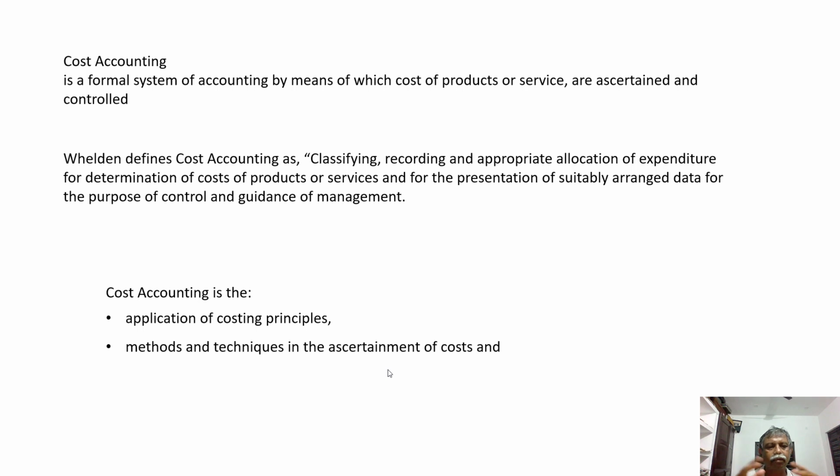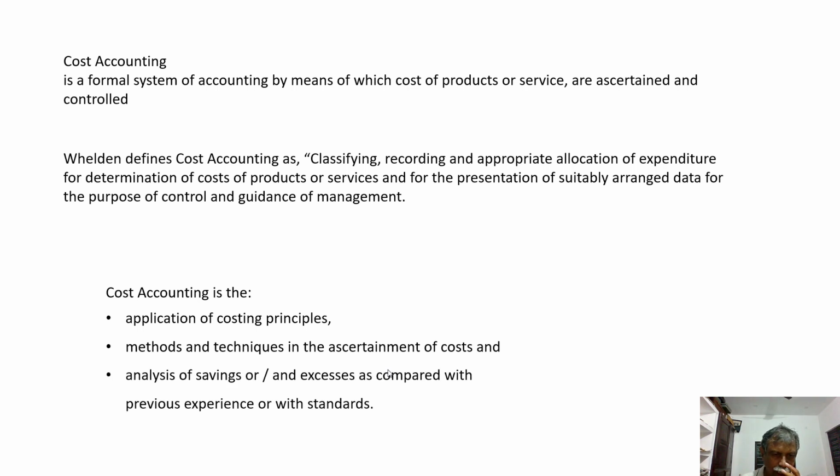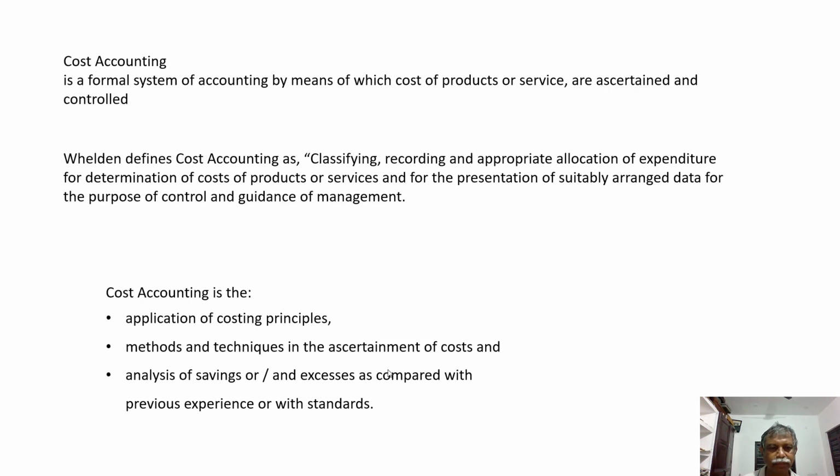Clear? So there are methods and techniques for ascertaining cost. That also comes in cost accounting. And find out whether there is a saving or whether there is excess expenditure. Okay? Or determine a standard. This is cost accounting. Clear? Okay. So you learned 3 terms: cost, costing, cost accounting.